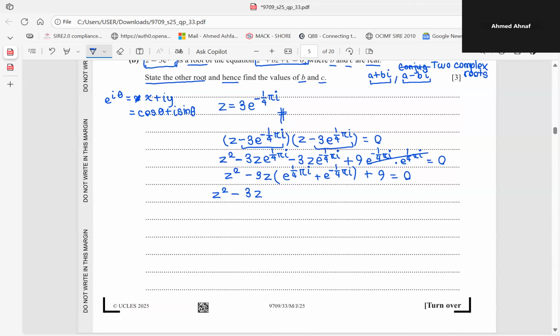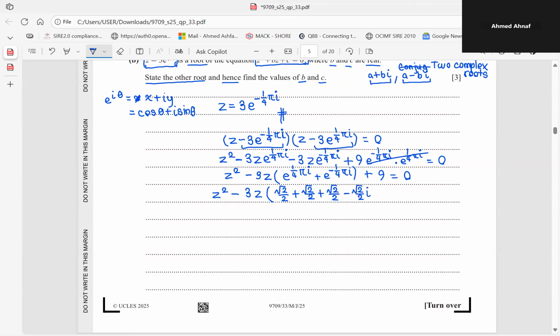So this would give you cosine pi over 4, which is square root 2 over 2, plus i sine pi over 4, that's square root 2 over 2 i, plus cosine negative pi over 4, that is also square root 2 over 2, plus i sine negative pi over 4, which is minus square root 2 over 2 i.